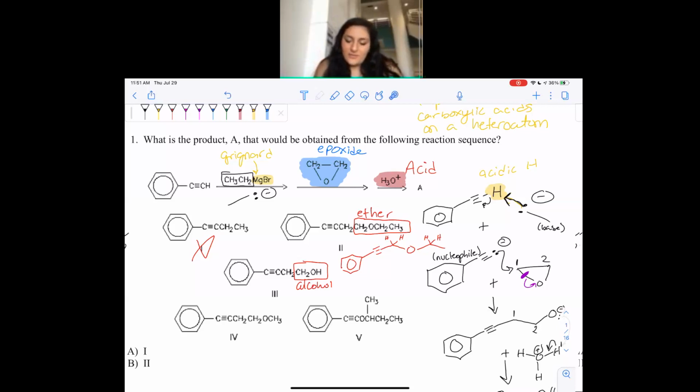Alrighty. So let's see. What functional group is this one again? And we're talking about number 4 in this one. Not a ketone. Look back at the other one we drew.